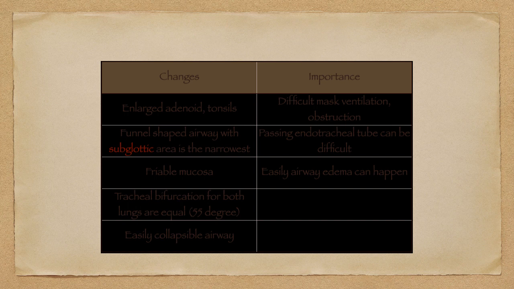In adults, the left tracheal bifurcation is more acute compared to the right one. And the airway is easily collapsible.